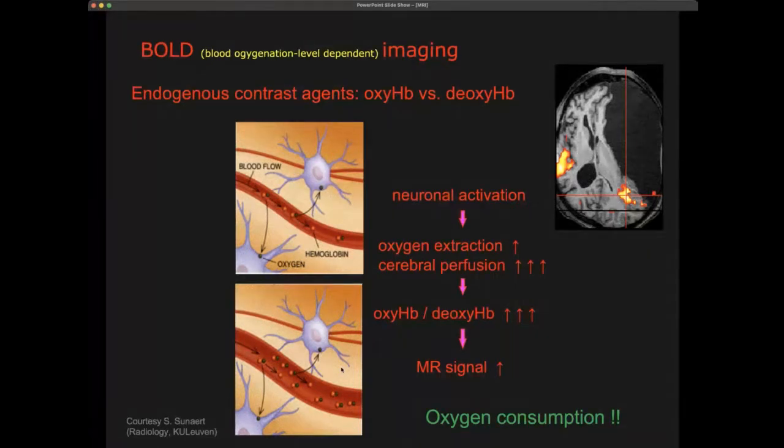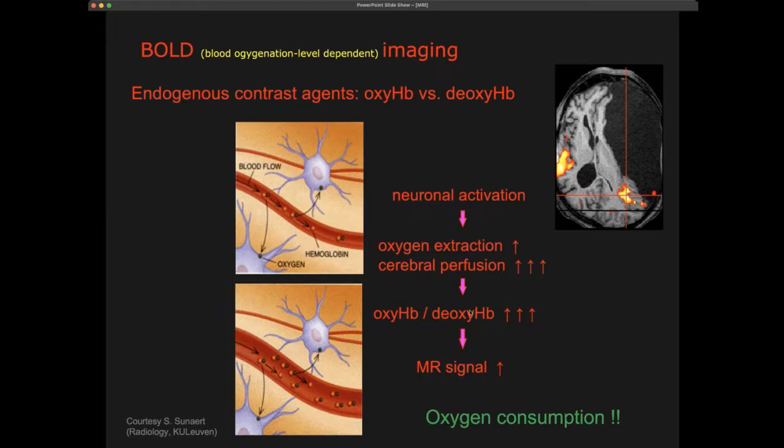The idea is that when we have certain neuronal activity, so a certain part of the brain which starts to function more, it increases the oxygen extraction and it also increases the local perfusion.